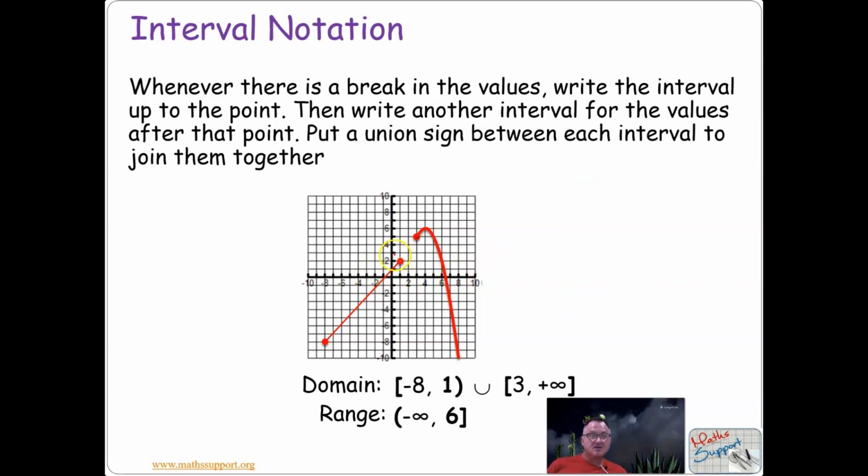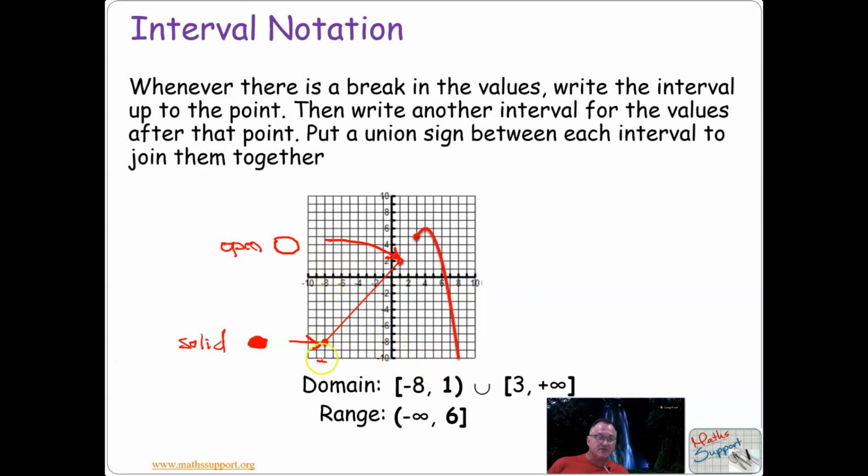Okay, remember this little here, it's hard to see on here, guys, but this is open. This is an open circle. It's got the little white dot in it. It's just kind of hard to see. This is closed, or a solid dot. So our domain is going to include, this x-coordinate here is -8.